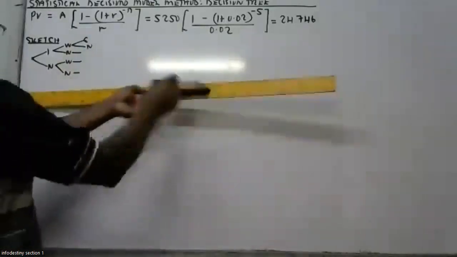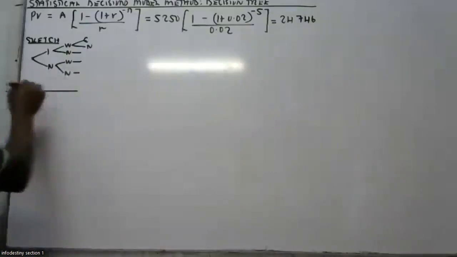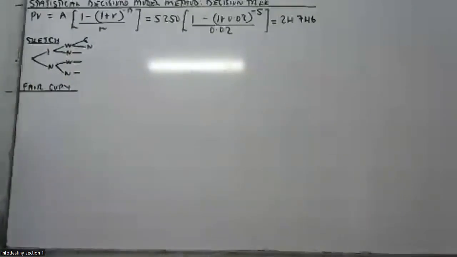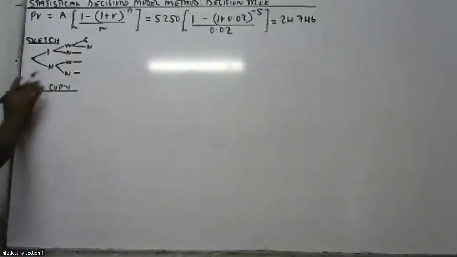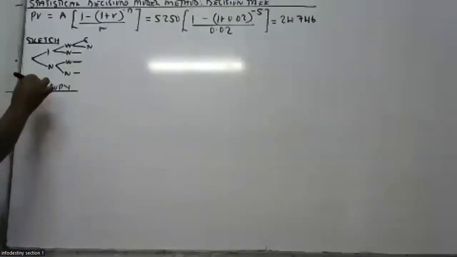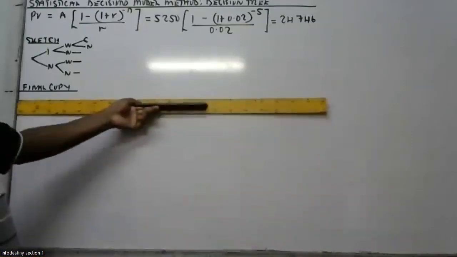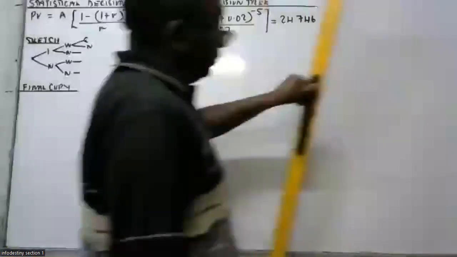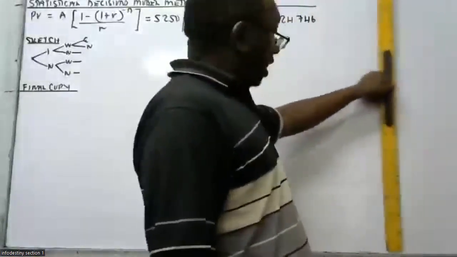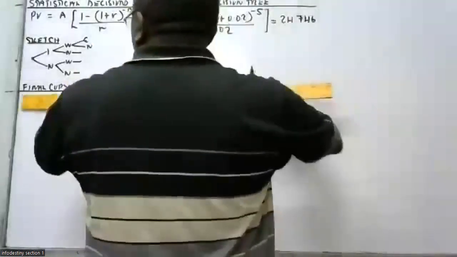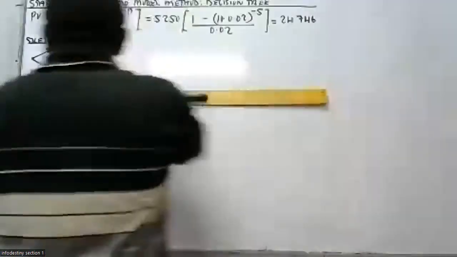So with that, we come and do the fair copy, the final copy. I keep on telling you that when we are drawing a decision tree, we normally go to the end here, that's where you take your tree to.